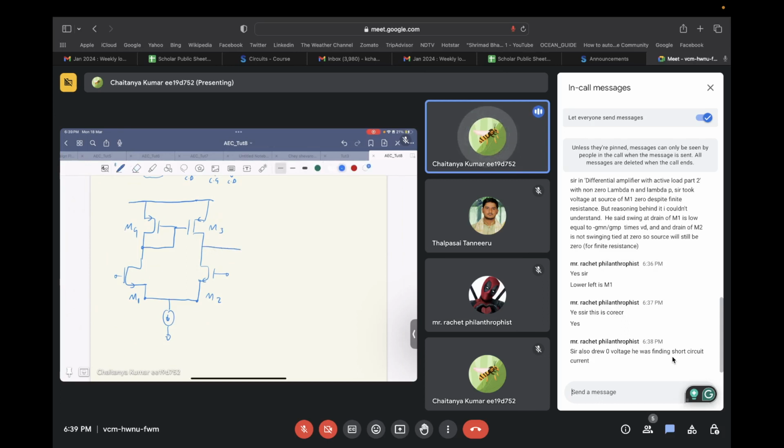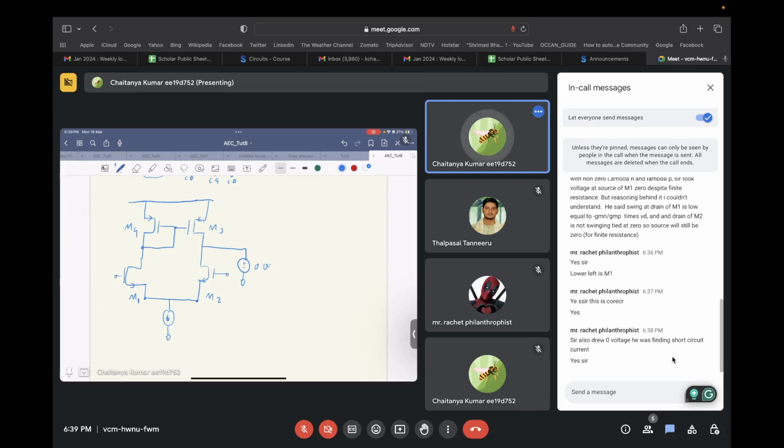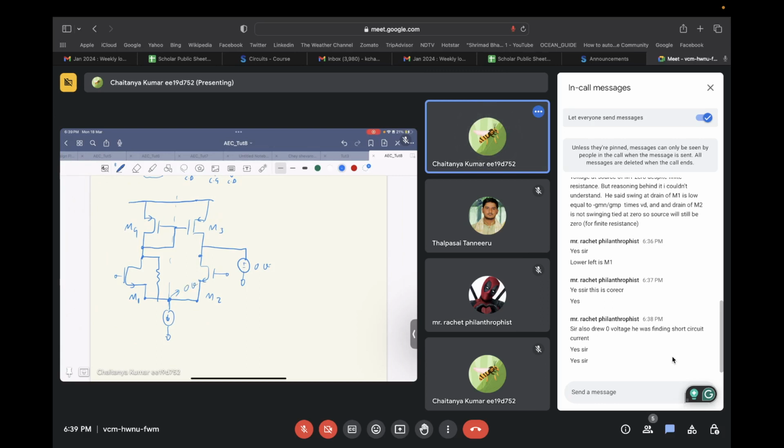So the circuit, I believe, was something like this, correct? Okay. If you actually see, as far as a real circuit is concerned, you understand that had these two circuits been perfectly symmetric, then this voltage swing would have been absolutely zero. You understand this, right? Now, I understand that these two circuits are not perfectly symmetric.